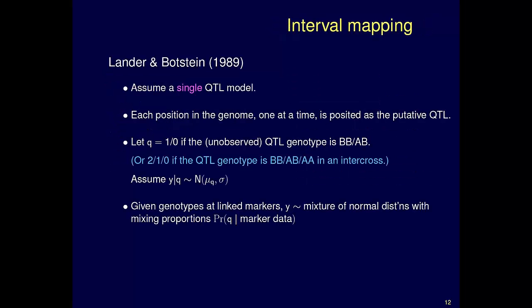The principal disadvantage of just looking at the markers one at a time is having to omit individuals that are missing genotype. The main solution to that problem is this method called interval mapping. The landmark paper in QTL analysis is this Lander and Botstein paper in 1989, which if you do QTL analysis at some point in your life, you should try to read.